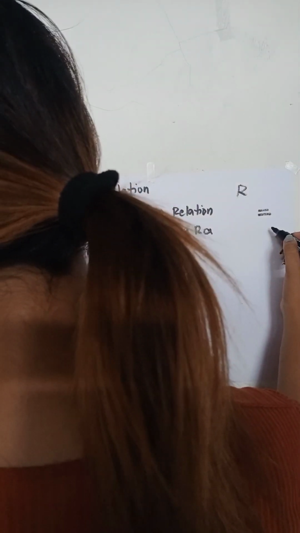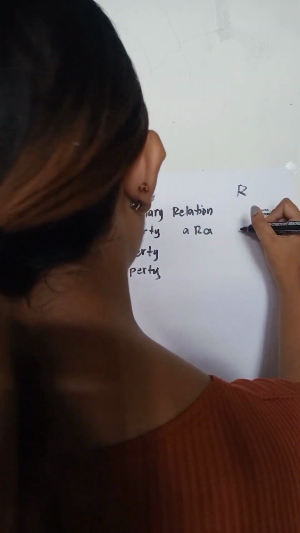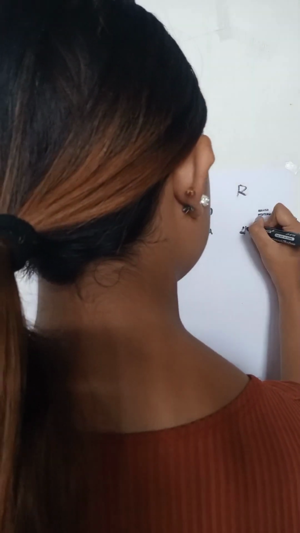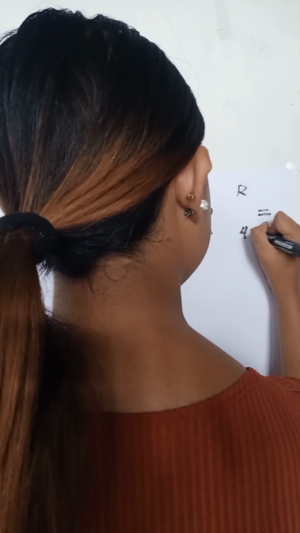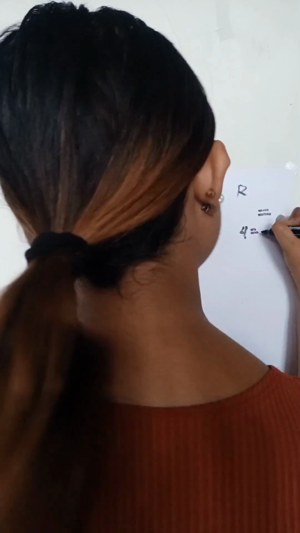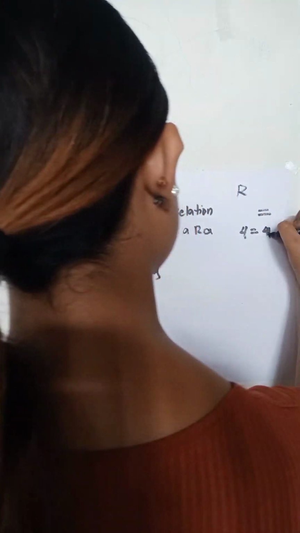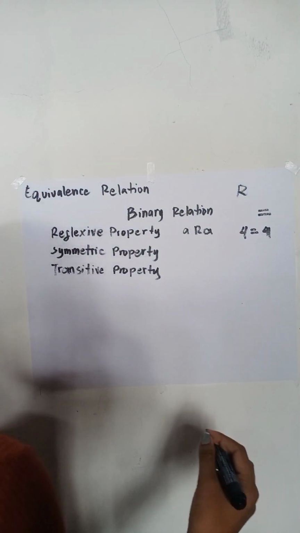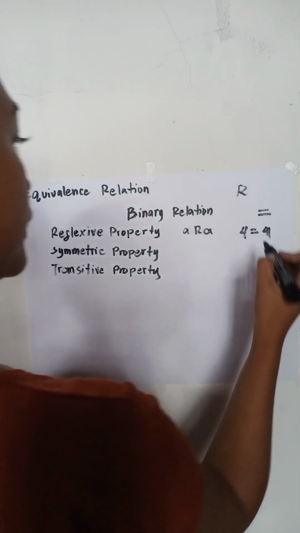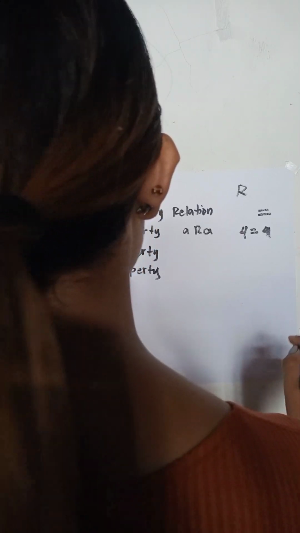For example, 4 is equal to 4. So, this is an example of the reflexive property.